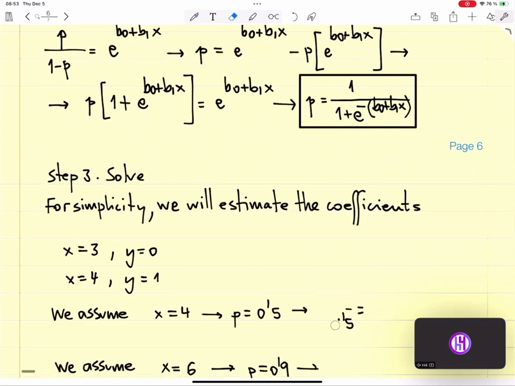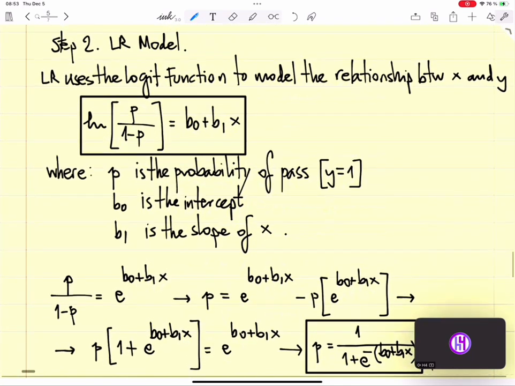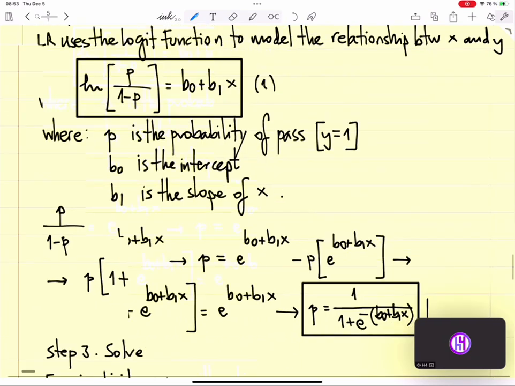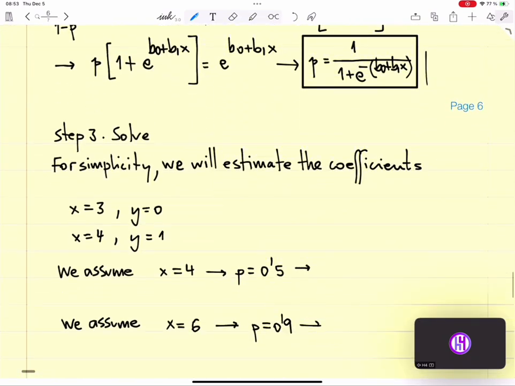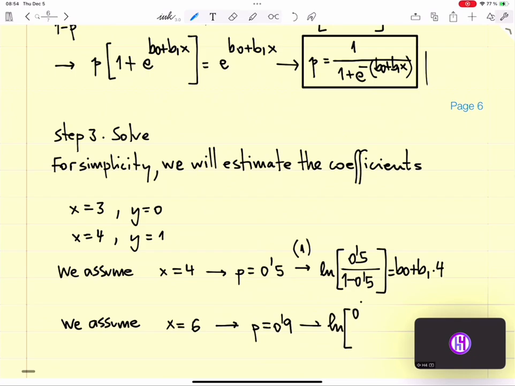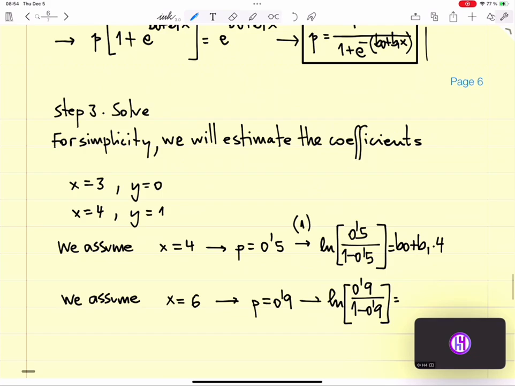I use the formula above, formula 1. So using 1, logarithm of 0.5 divided by 1 minus 0.5 equals b0 plus b1 times 4. And logarithm of 0.9 divided by 1 minus 0.9 equals b0 plus b1 times 6.